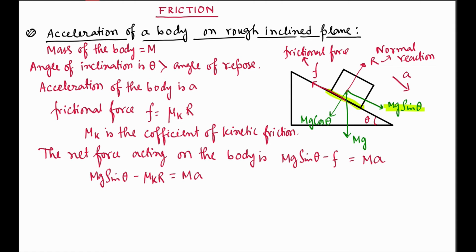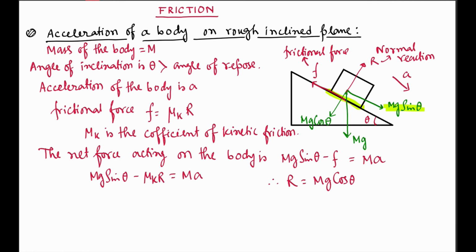As the body is moving along the inclined plane, the components of force perpendicular to the inclined plane acting on the body are balanced. Therefore, R is equal to mg cos theta.